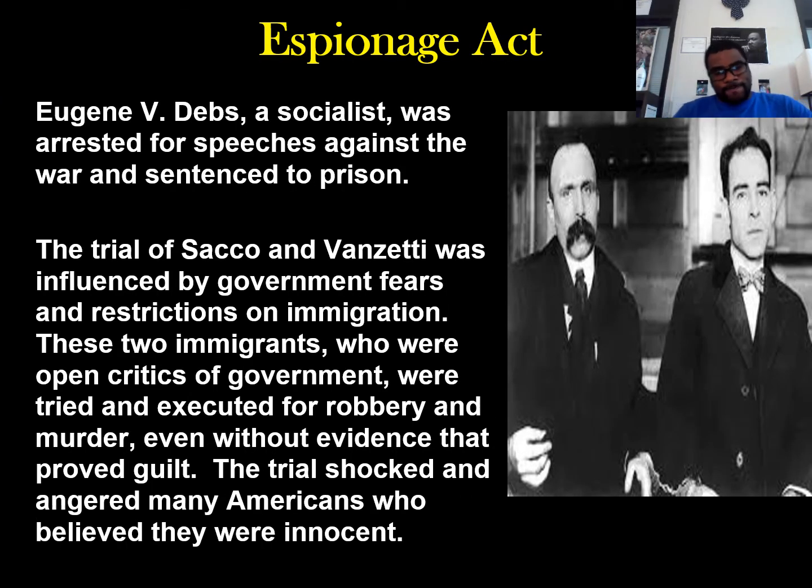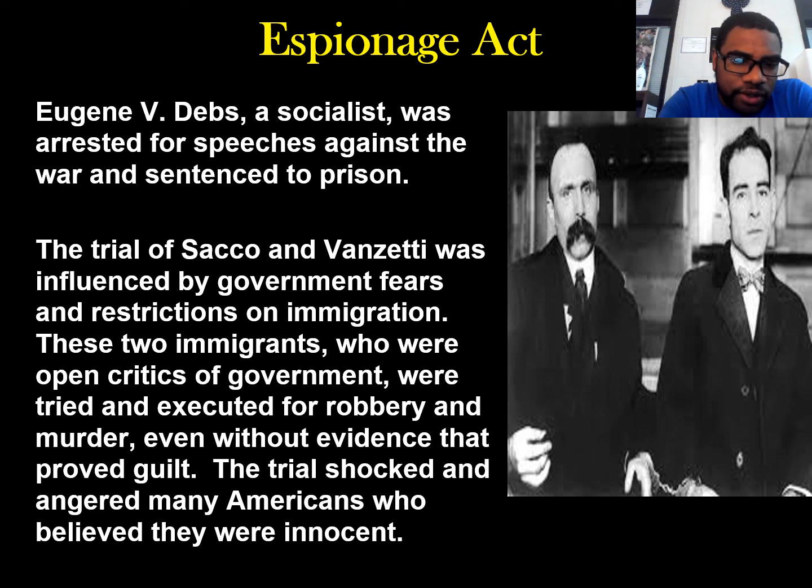Espionage Act. Eugene V. Debs, a socialist, was arrested for speeches against the war and sentenced to prison. The trial of Sacco and Vanzetti was influenced by government fears and restrictions on immigration.